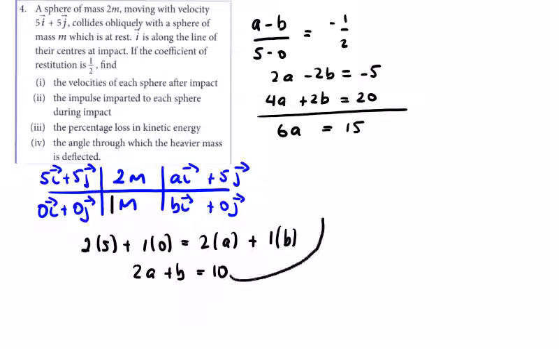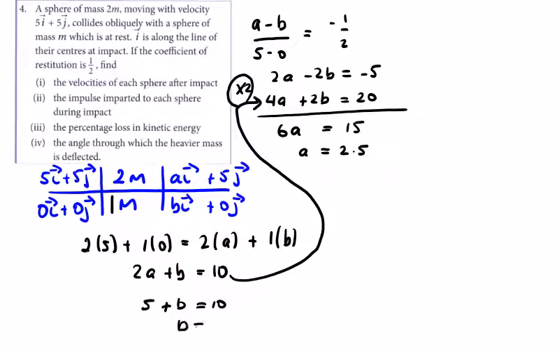And just write down what you're doing. You're bringing this equation up and you're multiplying it by 2. 6a is equal to 15, so a is equal to 2.5. If a is equal to 2.5, we would get 5 plus b is equal to 10, so b is equal to 5. So we're asked for the velocities.